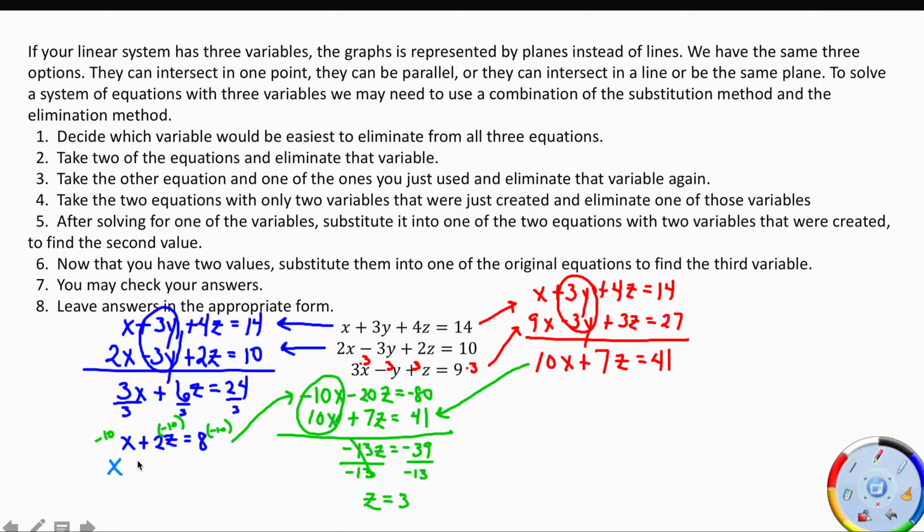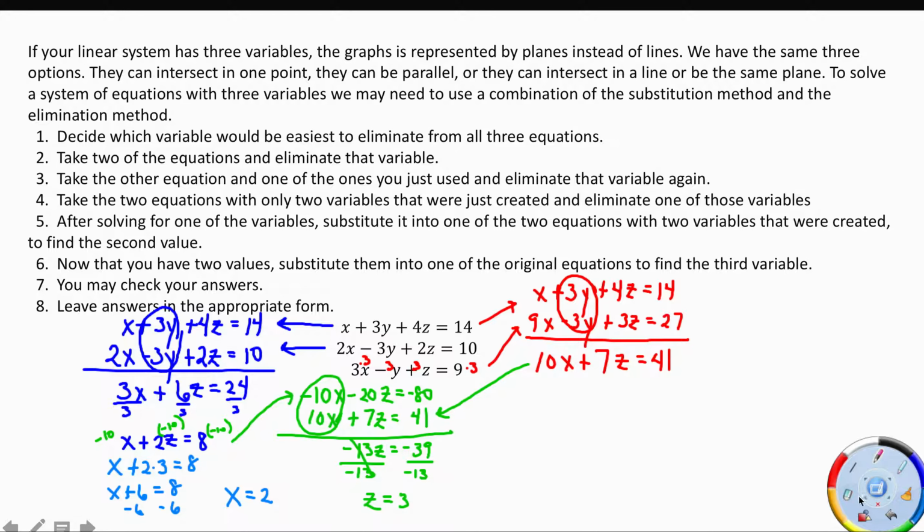And I wind up with x plus 2 times 3 equals 8, x plus 6 equals 8, so x equals 2.